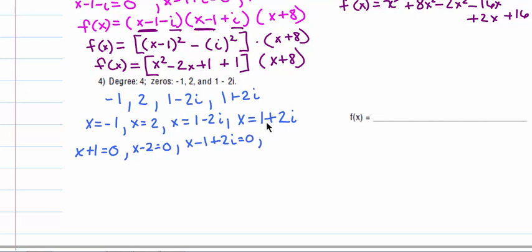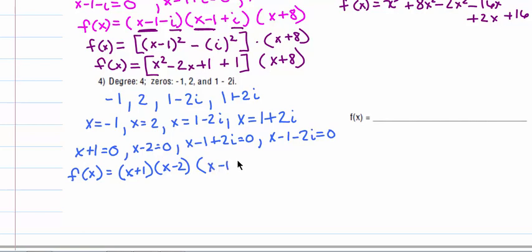And then subtract 1 and subtract 2i. x minus 1 minus 2i equals 0. f of x is equal to x plus 1 times x minus 2 times x minus 1 plus 2i times x minus 1 minus 2i.